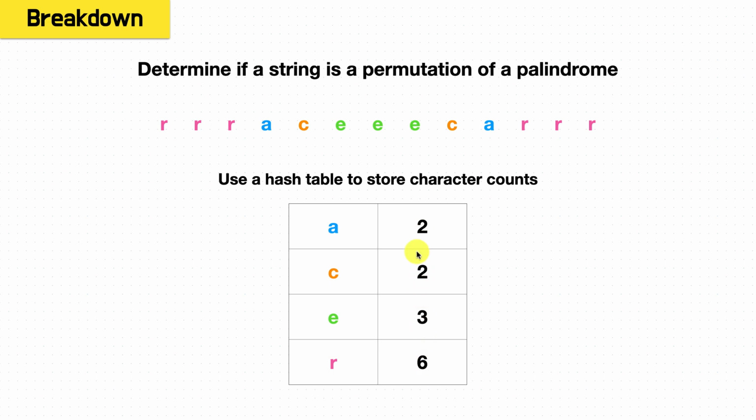And we're actually still only going to use constant space because at most, if we're using the English alphabet, this hash table can contain 26 characters. So the hash table is what's going to allow us to track this count. And then we'll iterate through the count of each character, and if we see that they're all even, or all are even but one, then we know that this string could form a palindrome with at least one of its permutations.